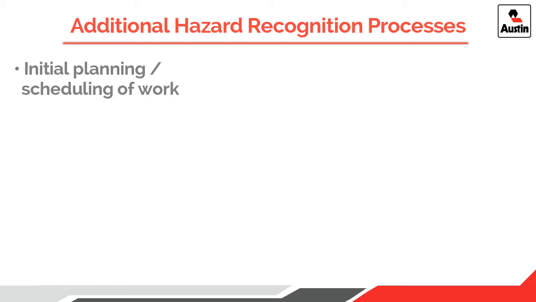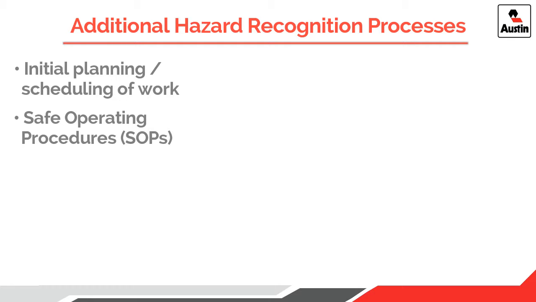Standard safe operating procedures. This could be for cleaning or clearing of plant processes, equipment, or machinery, using machinery or equipment and other things. Having an established safe operating procedure, or SOP, can be very helpful in identifying hazards in routine work.